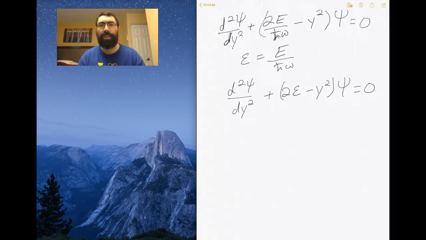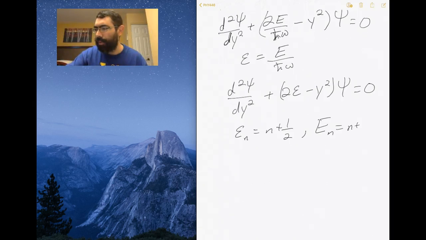And we've seen this before. This is the exact same equation we had when we solved the Schrodinger equation in terms of x instead of momentum. So, therefore, the solution to this is a quantized energy of n plus 1/2, or if you want to write it in terms of the total energy, n plus 1/2 h bar omega.